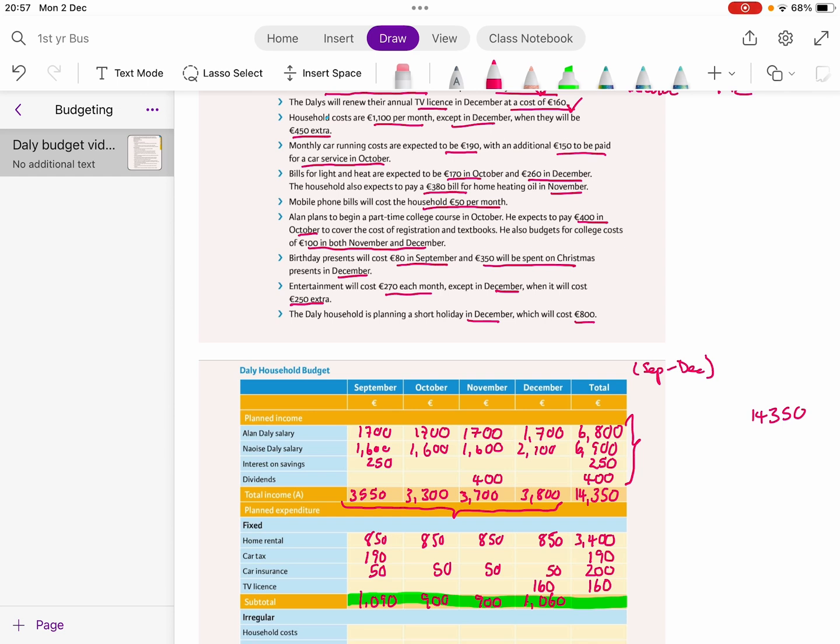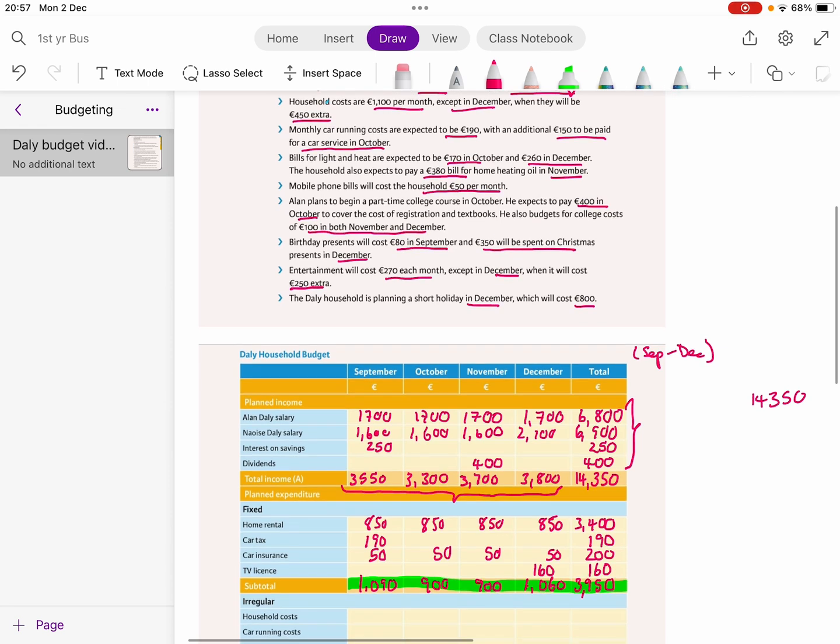So when I add up and I add across, I have a figure of 3,950. Okay, so that's my fixed expenditure done.